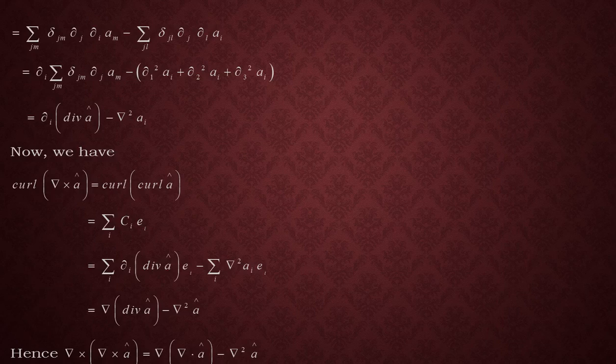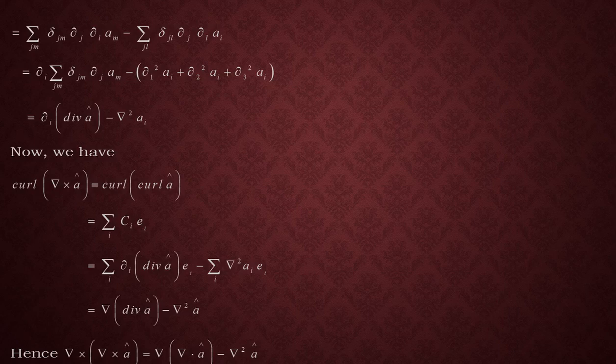As usual, we replace l with i in the first summation and we replace m with i in the second summation. Then we obtain C_i equals summation over j, m of delta_jm ∂_j ∂_i a_m minus summation over j, l of delta_jl ∂_j ∂_l a_i.